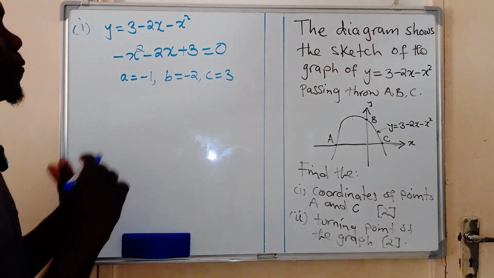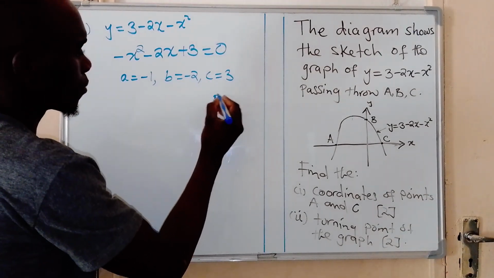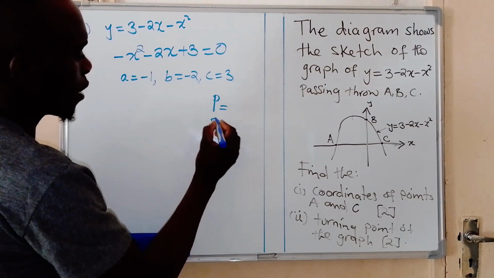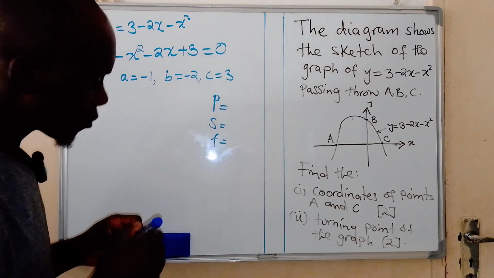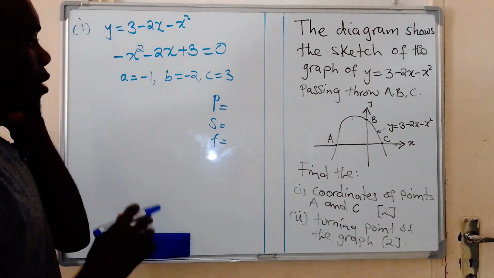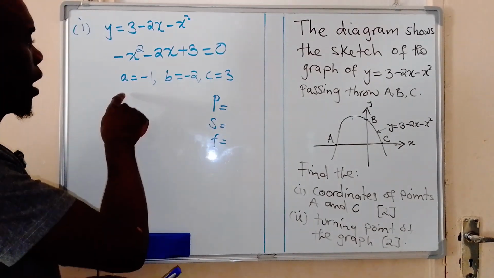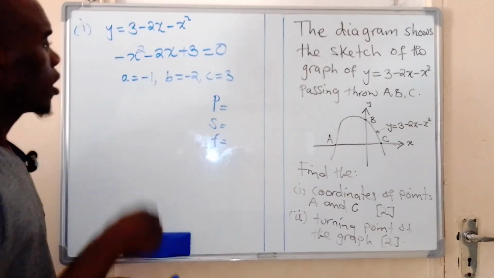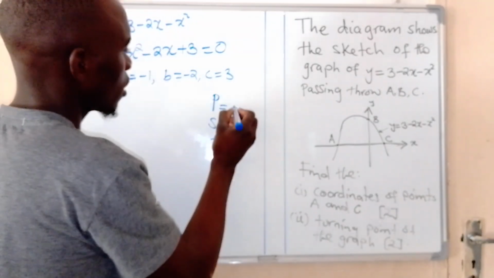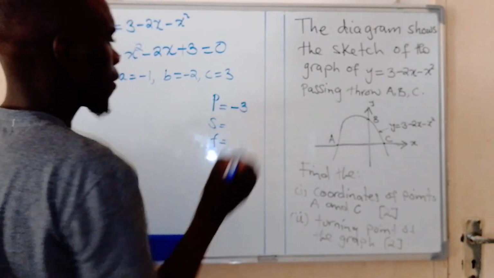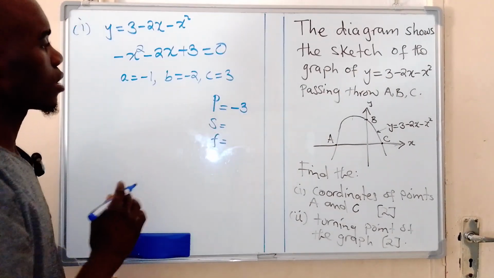To factorize, you find the product and you find the sum, hence you find the factors. How do we find the product? The product is given by a times c. So -1 times 3 will give us -3. For the sum, you get the part of b, that is -2.